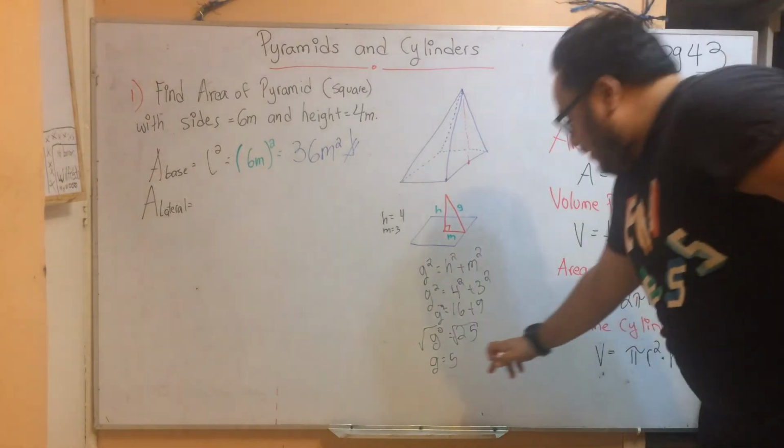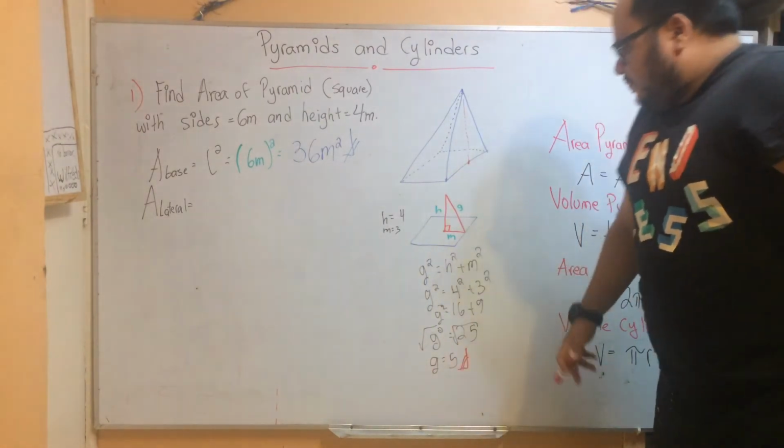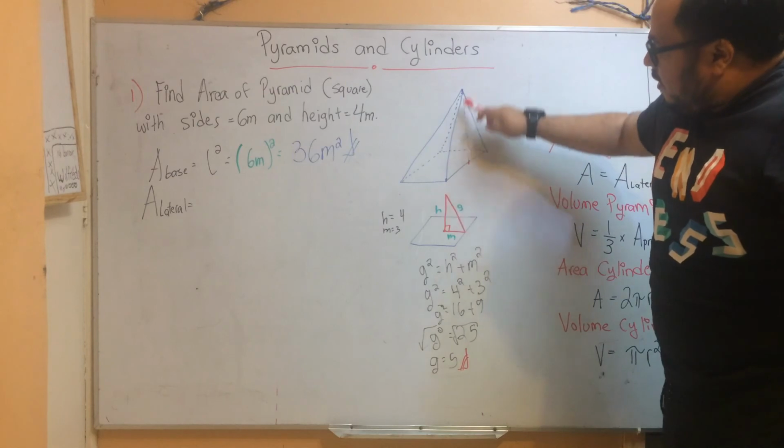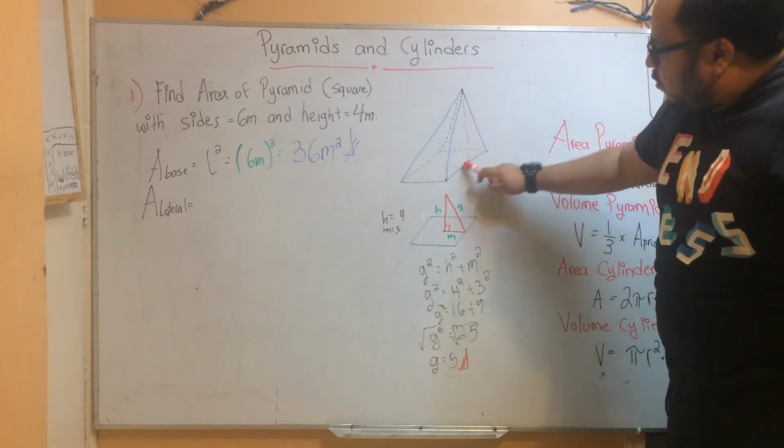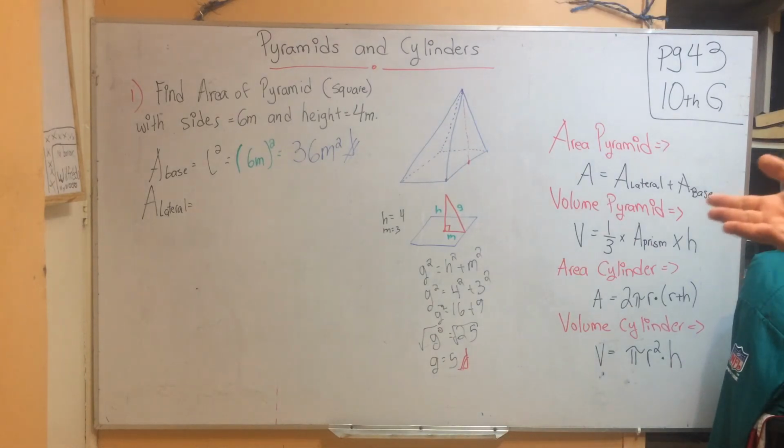So, why do we need this G? Let's remember. This G is the height of the isosceles triangle that we have on one of the sides. And this square pyramid has 4 of these isosceles triangles.